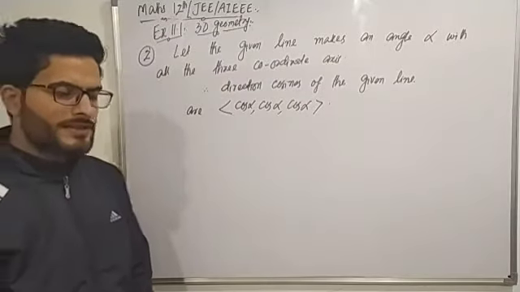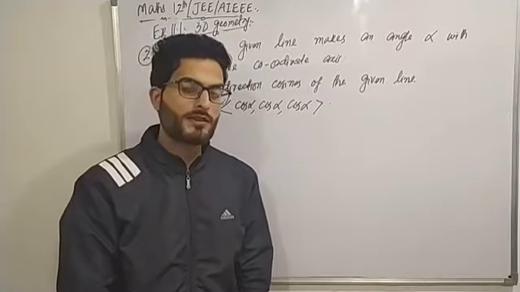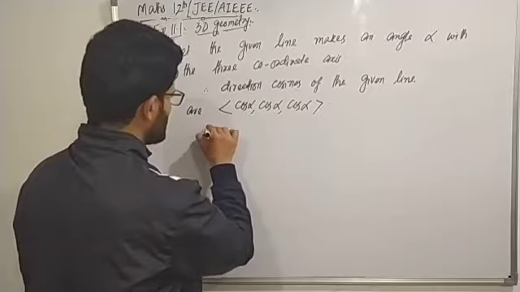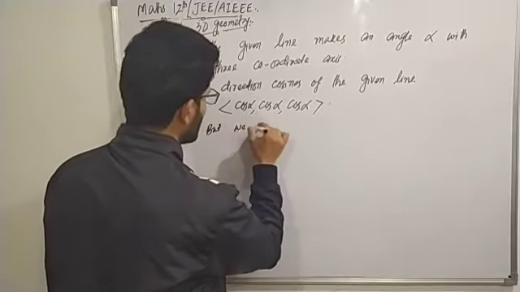But we know that the sum of squares of direction cosinus of a line or a vector is always equal to 1.